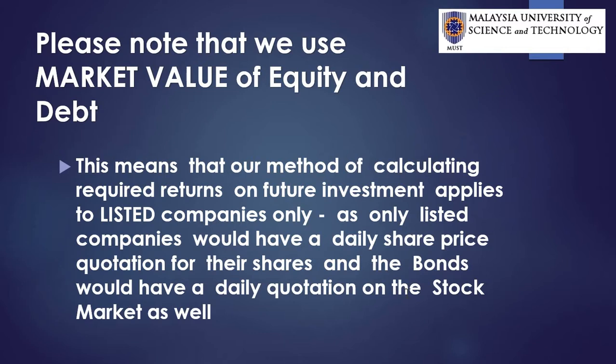So if we are a private company in agricultural business, we could look at listed companies in agricultural business or plantation, compute a required return for them, and use that as a basis for our own required return. We could either use that return directly, or we could make some adjustment for differences in risk, location, and so on.